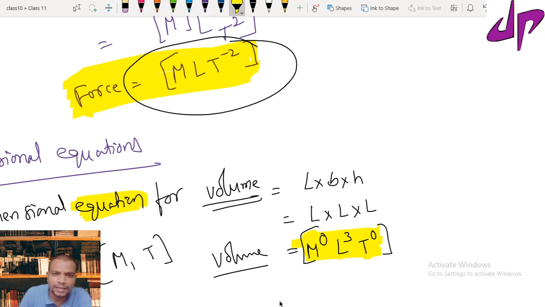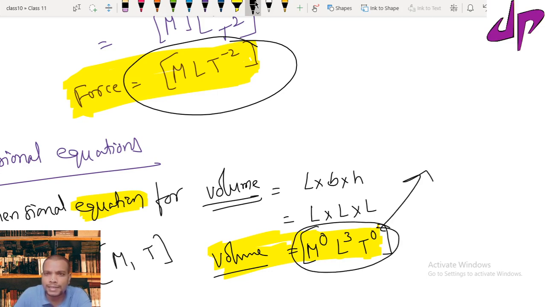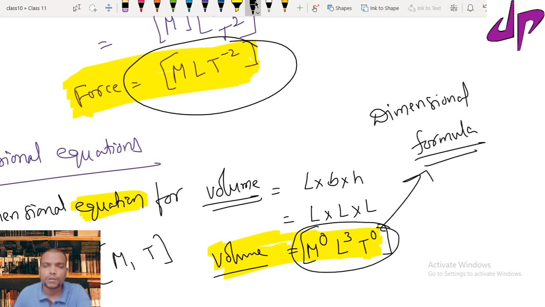If we write volume V equals M power 0 L cube T power 0, this we call the dimensional formula.